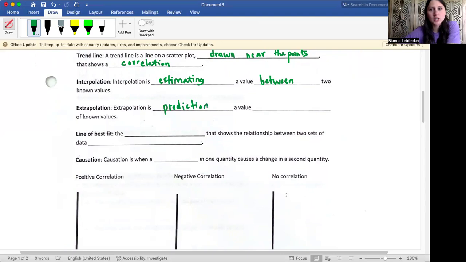So interpolation is using maybe that trend line to estimate the values between what you're seeing. Extrapolation is kind of continuing on the graph and predicting the continual trend.